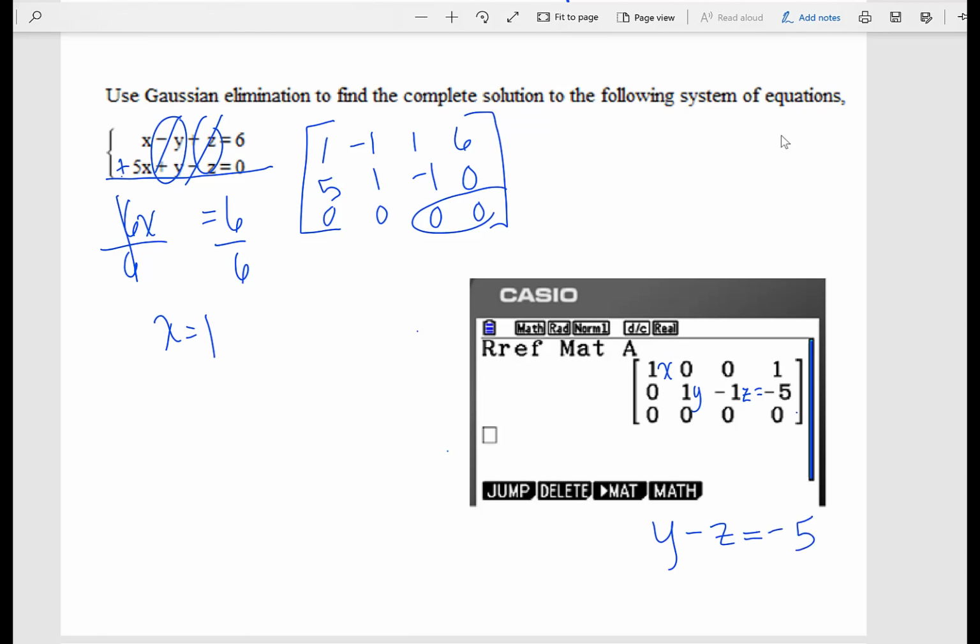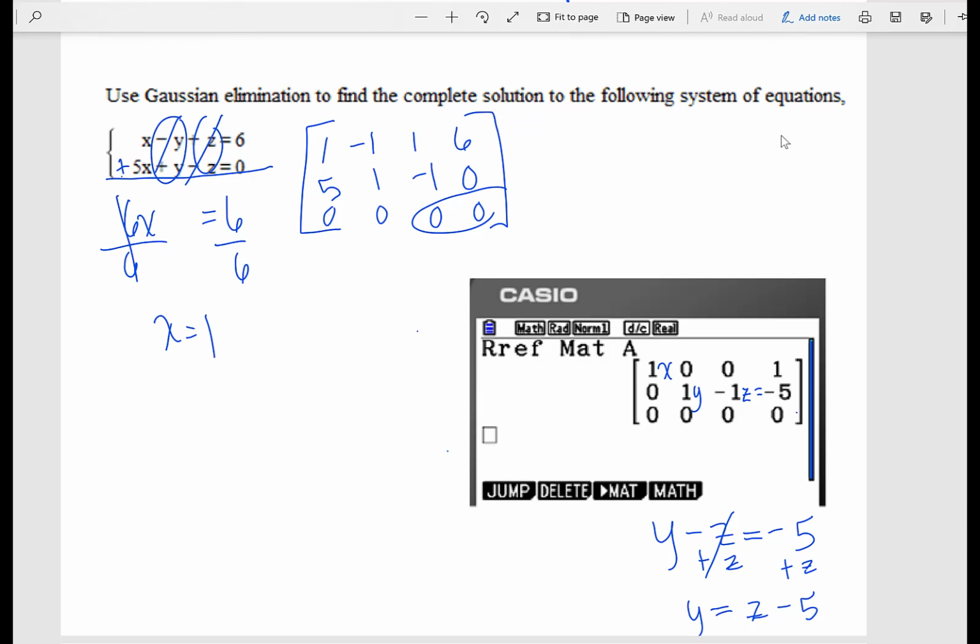If I wanted to express what y is equal to, I could always express this: x will always be 1, and then y will be equal to whatever z is, minus 5. So we could pick any value for z. No matter what, x will be 1, and then y will be whatever z is, minus 5.